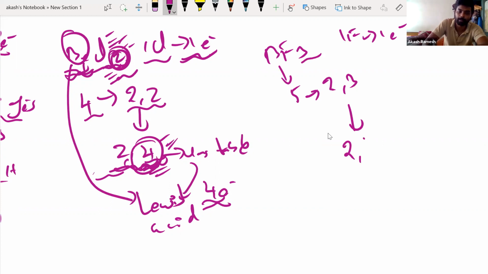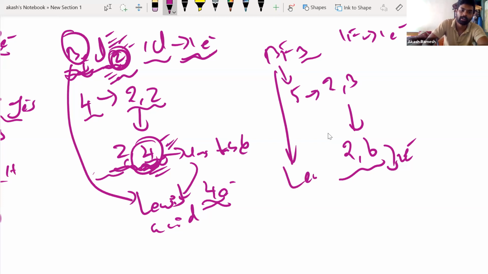So the configuration will become 2, 6 for boron. Still the octet is not satisfied; it can accept 2 more electrons. So it can still accept electrons. So again, I will call BF3 a Lewis acid. Very simple.